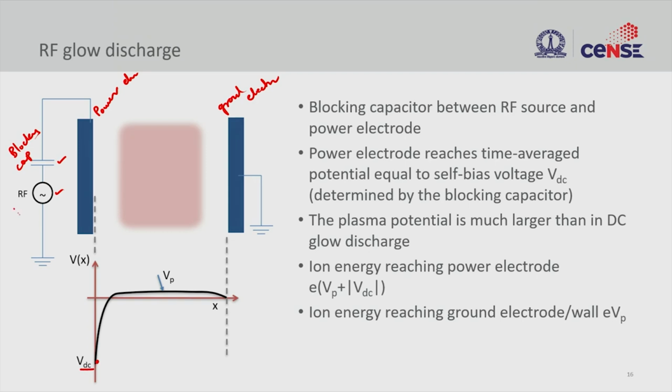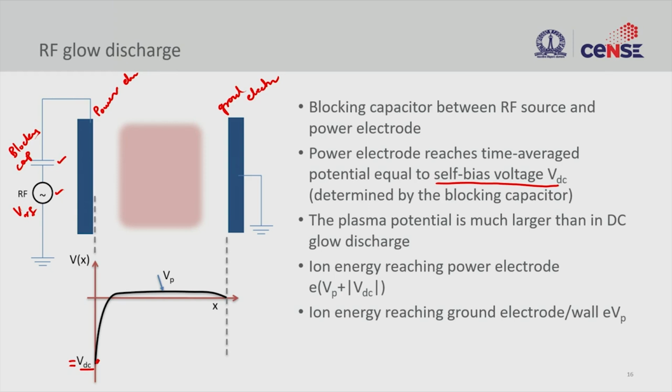So if this is VRF, it's not going to be VRF, it's going to be VDC. So this VDC is nothing but your capacitor, whatever the capacitor could hold. So the VDC is nothing but the self bias voltage, how much charge the blocking capacitor can hold, and that becomes the VDC.